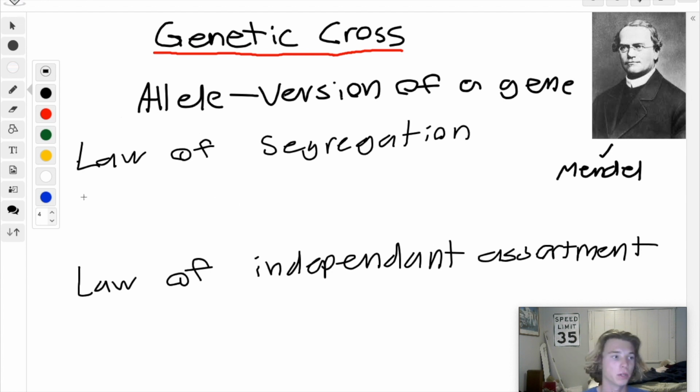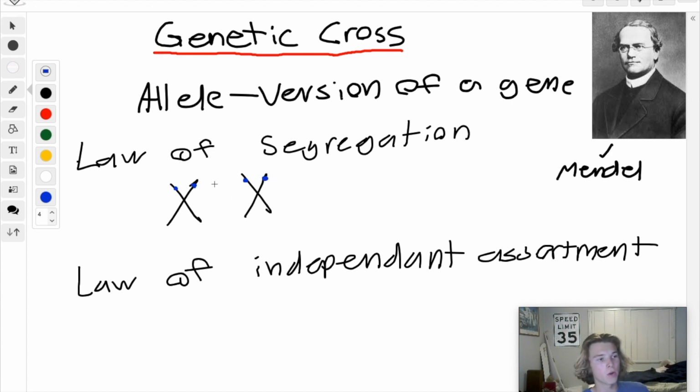What this looks like is, imagine there's two chromosomes. There's one chromosome there, and there's one chromosome here, and these are homologous chromosomes, so they have the same genes at the same locus. Just say that's blue.